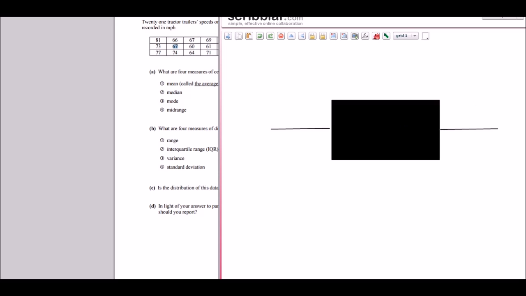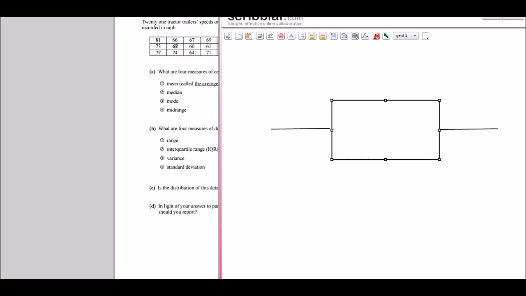All right. So over here was the smallest value. This was the minimal. This was the first quartile. This was the third quartile. And this here is the max.